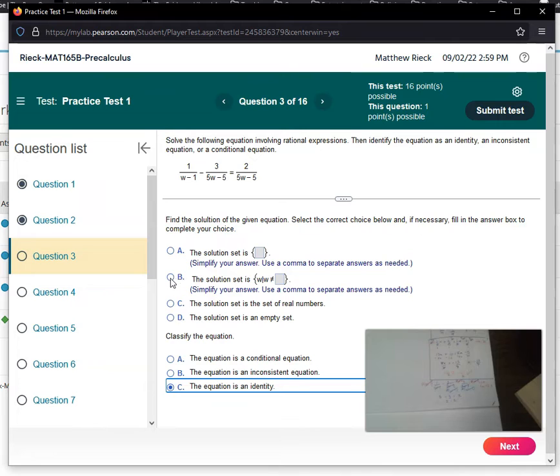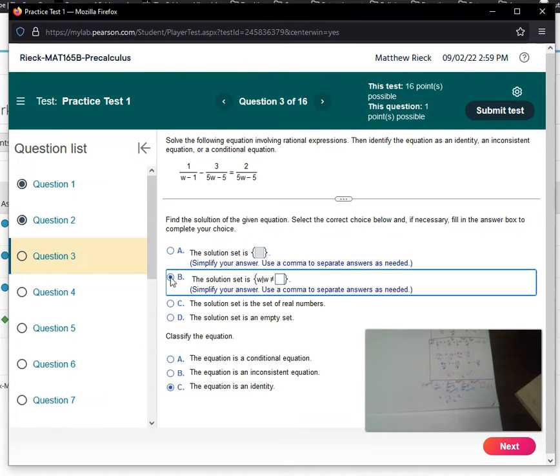So in this case, the solution set, so most of the time when we have an equation that's an identity, the solution set is all real numbers. This is one of those cases where that's not necessarily the case, because we can't divide by 0. So we need to exclude any numbers that lead to division by 0 in my original problem. So in this case, my solution set is going to be all values w, but w cannot be something that leads to 0.